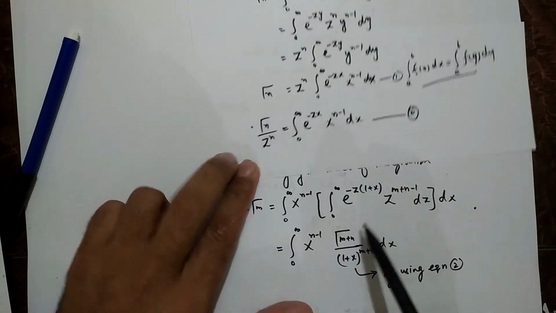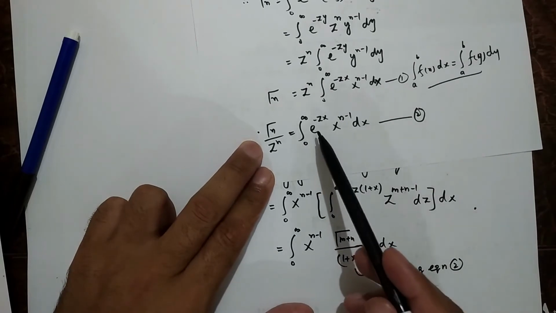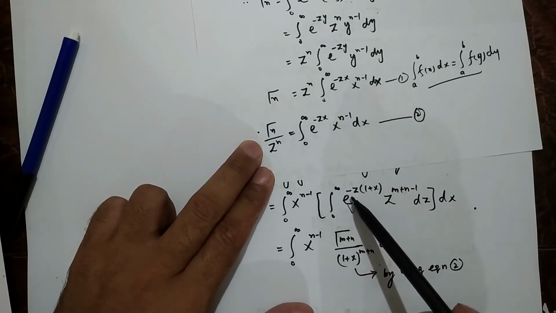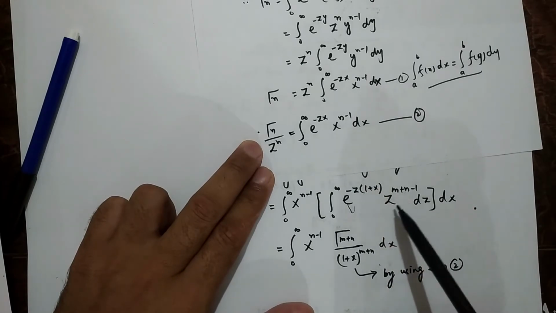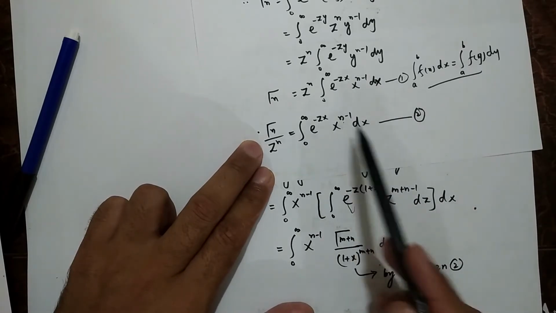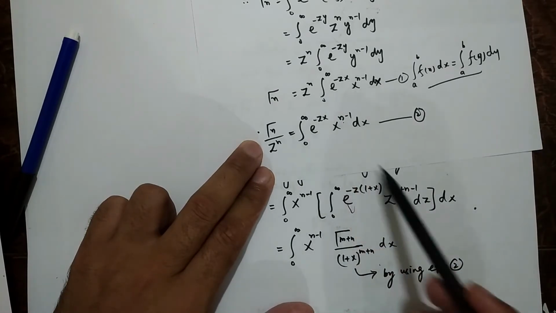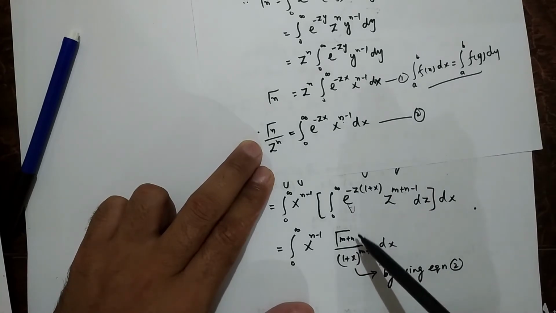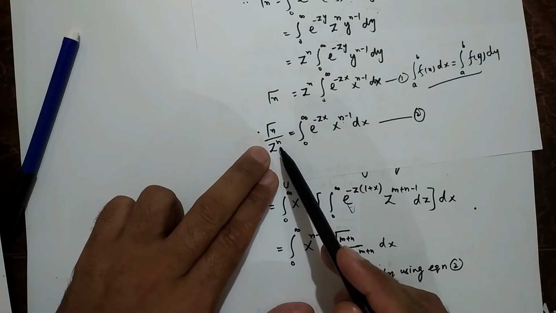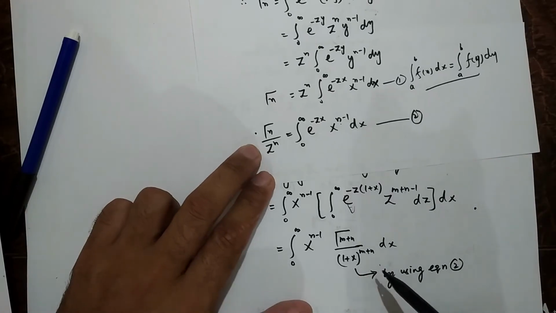Look at these two integrals, students. Here we have integral from 0 to infinity e to the power minus zx, and here we have 1 plus x, and here z to the power n minus 1, and here is m plus n. So this is actually gamma function of m plus n. This integral is gamma function of m plus n upon z to the power n here we have, and here we have 1 plus x to the power m plus n. Clear?